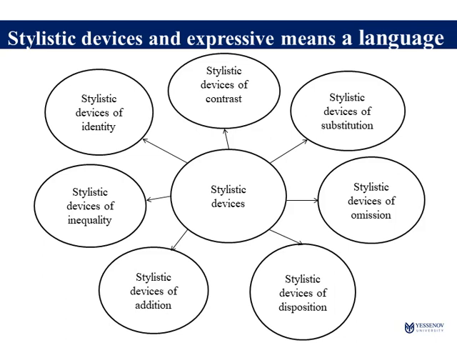Stylistic devices of substitution, replacement of traditional names by situational ones, include metaphor, metonymy, simile, irony, periphrasis, euphemisms, antonomasia, hyperbole, litotes. Next week, we are going to speak about lexical stylistic devices.